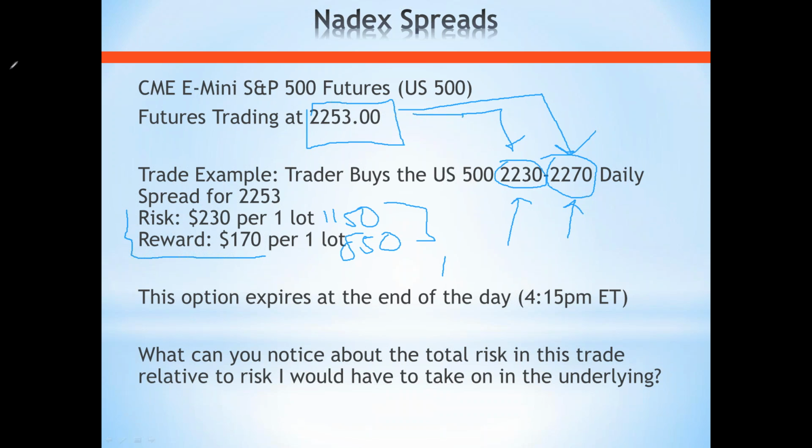If I put this on and tell myself I only want to risk 5 points here, so if the market drops to 22.48, then I'm going to get out. Let's say I want to risk 5 points to make 10 points. If the market sells off to 22.48, I can get out of the spread. If the market rallies to 22.63, I can get out of the spread there, right? And I've set up a risk-reward ratio of 2 to 1 inside of the floor and ceiling value of this spread.